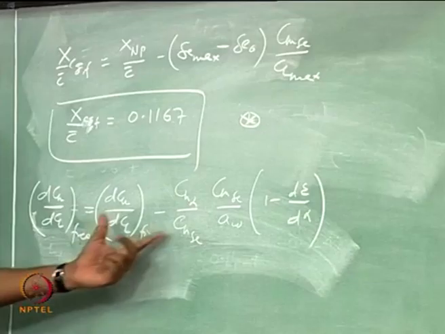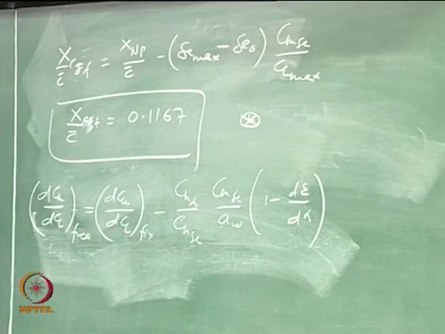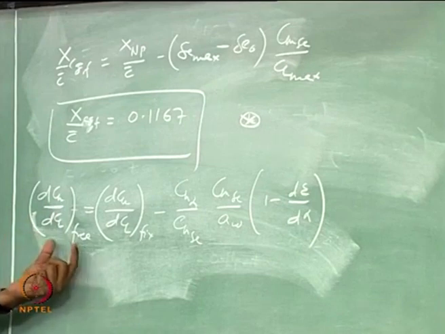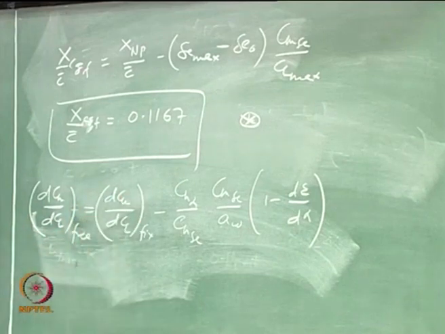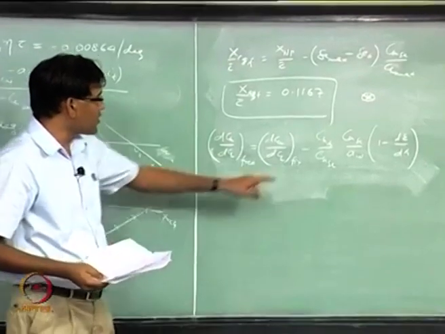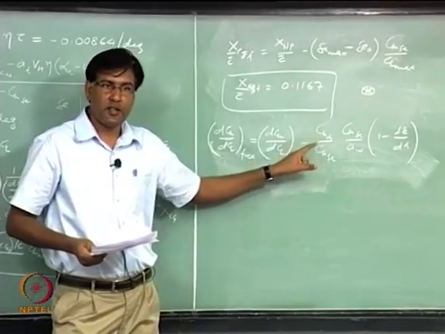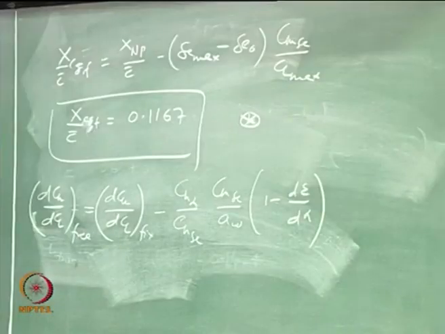So, this is a relation between dCm over dCl free and dCm over dCl fixed, which includes the derivatives coming from the hinge moment.